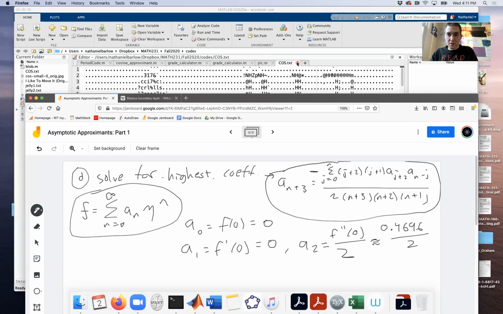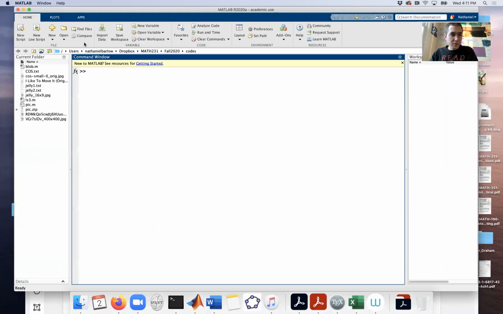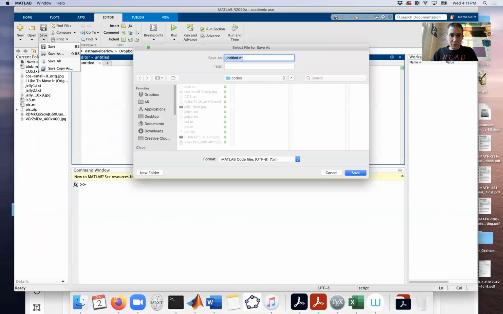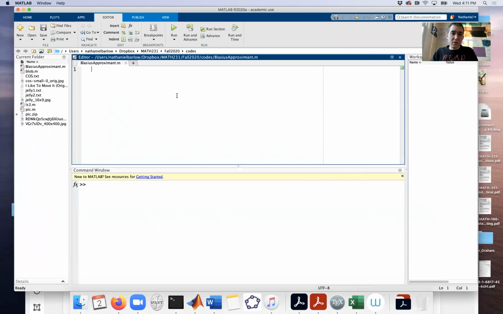Okay, so I'll just open up a new file here. Let's call this Laplace approximate. Like I said, I'm going to try to do everything from scratch, so you can even see the approach that I'm using in the code.